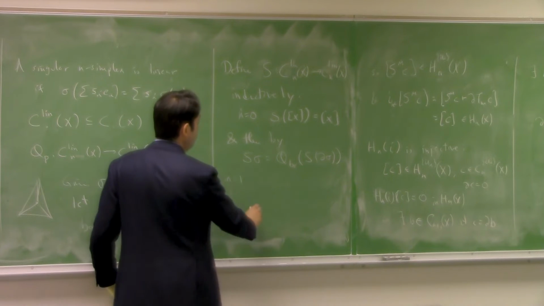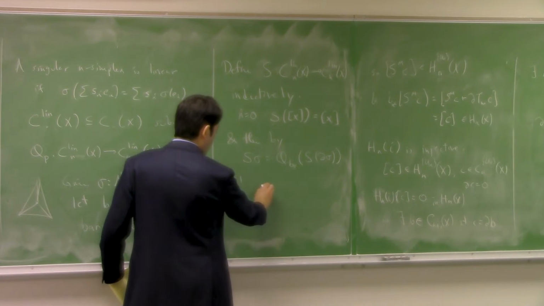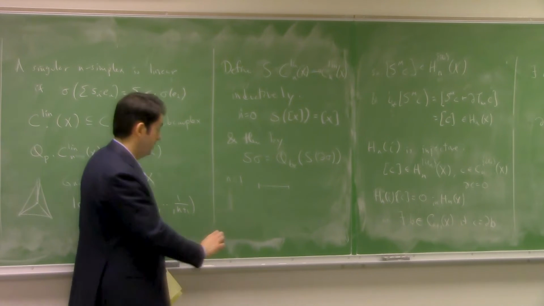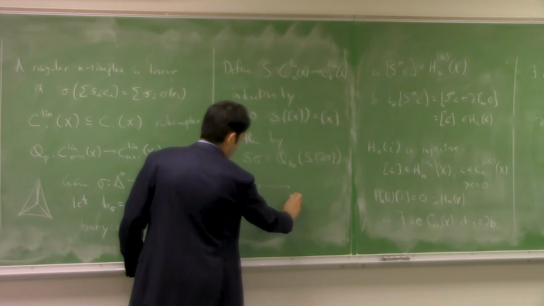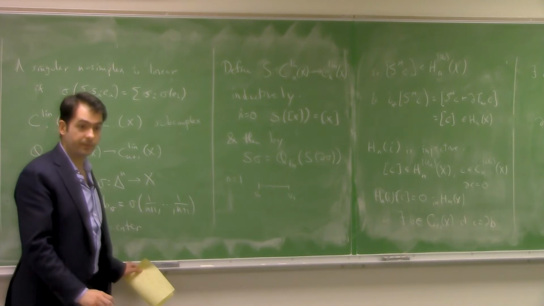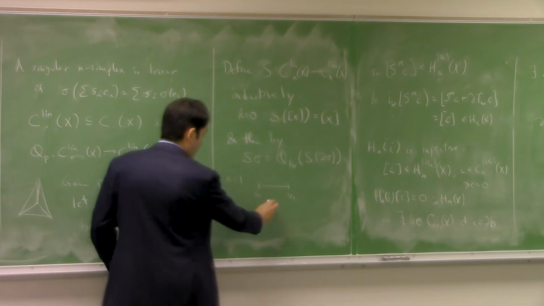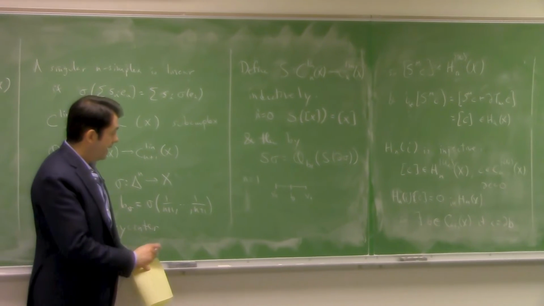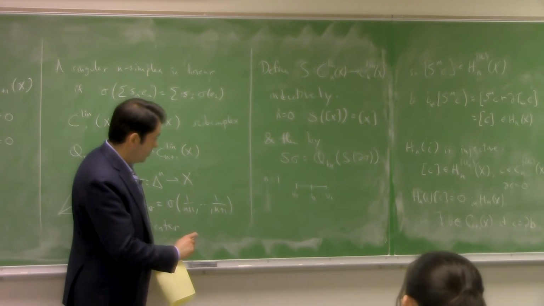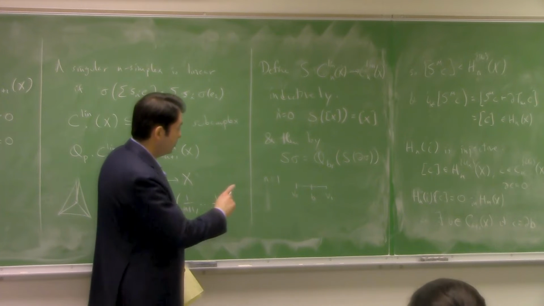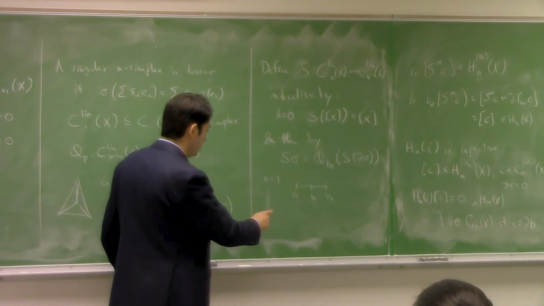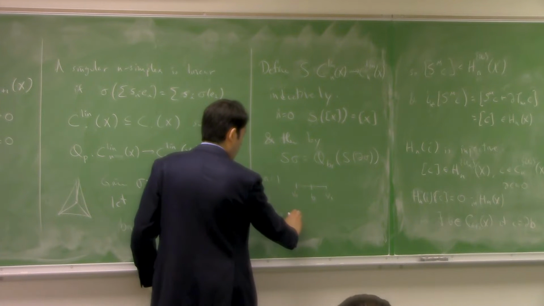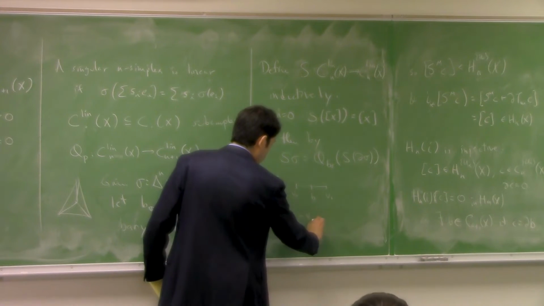So let's look at what's happening for small n. If n is equal to 1, then our simplex looks like an interval, and it has vertices v0 and v1. The barycenter would be right there in the center. Okay, so S of the boundary: the boundary of sigma would be v1 minus v0.